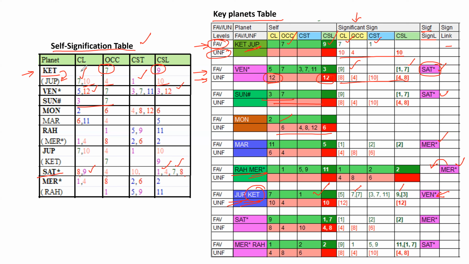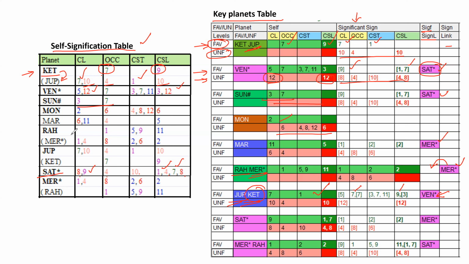So here in the self-signification table in the EPS system software, there is one option that we can manually check each planet's self-signification strength, and we can give Ketu a blue shade, or Venus a green shade, or it is also a blue shade, because mixed, for example, for the event of marriage, it has got favorable and some mixed signification also.